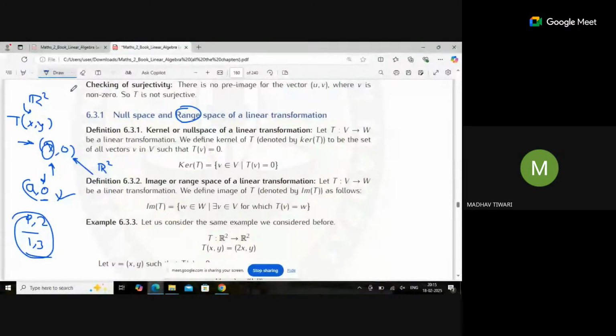What is null space? Null space is basically those vectors whose transformation leads to the zero vector.